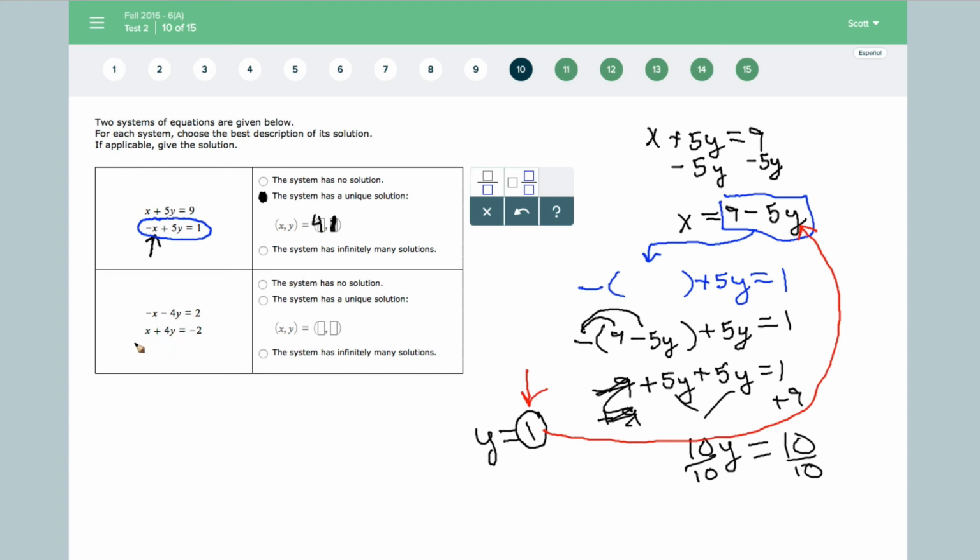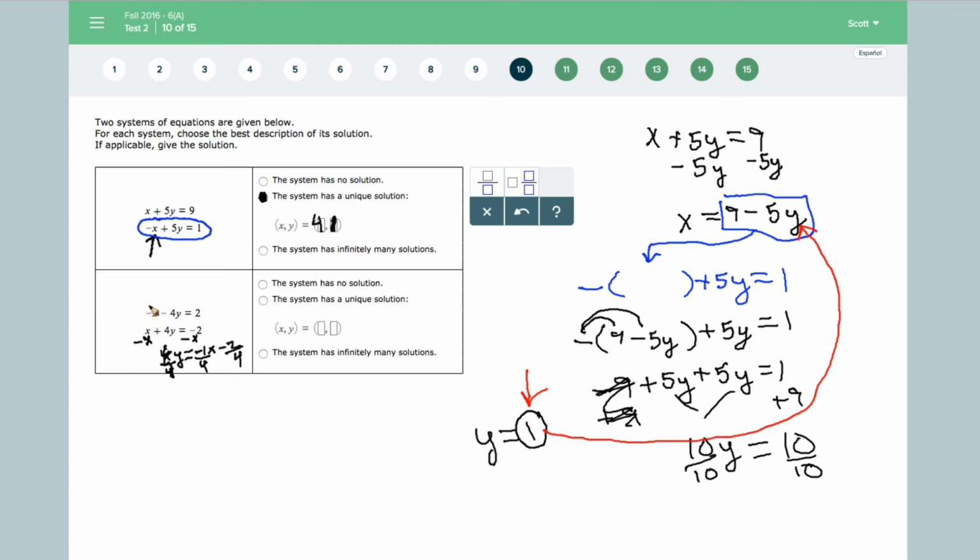Okay, now let's look at this one. If I solve for y, minus x, I get 4y equals negative 1x minus 2. Divide by 4, and divide by 4. Okay, so I have y equals negative 1/4 x minus 2/4. Let's solve for y here.